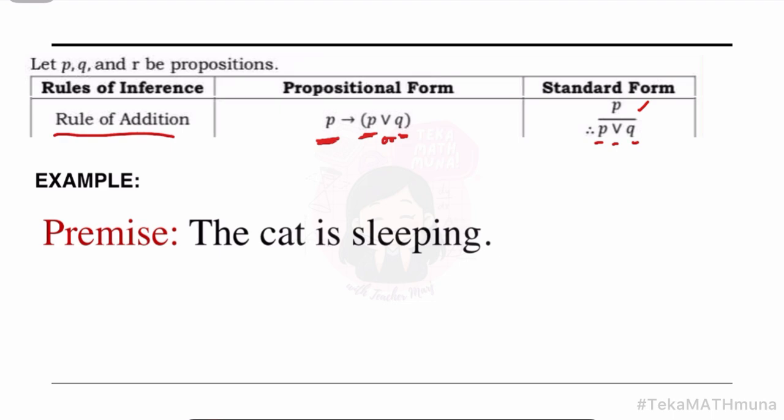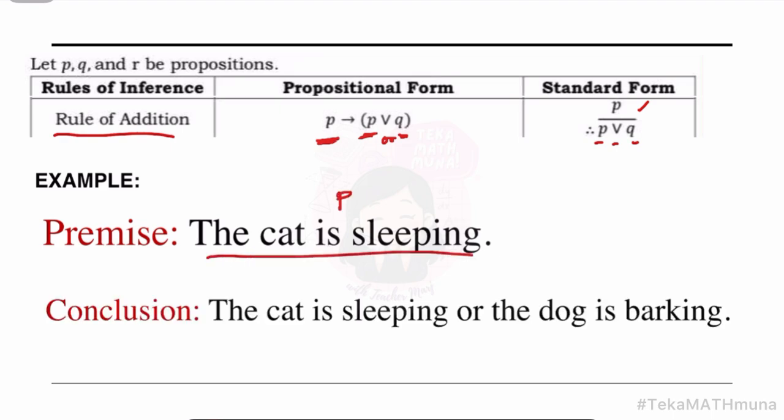So this is the proposition P. So the conclusion will be the cat is sleeping or the dog is barking. The cat is sleeping, that is proposition P. The dog is barking, that is proposition Q. The logical connector is OR. Symbolically, we use this. Even if we don't know anything about the dog, the statement P or Q is true because the proposition P is true.